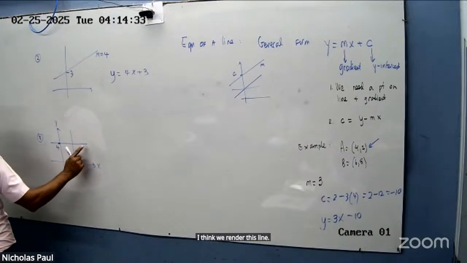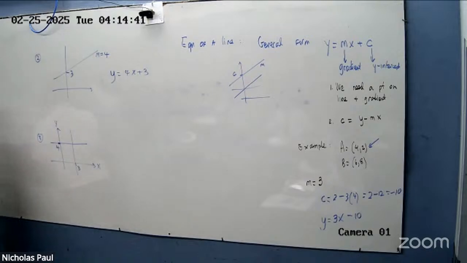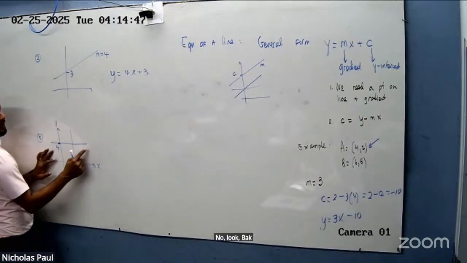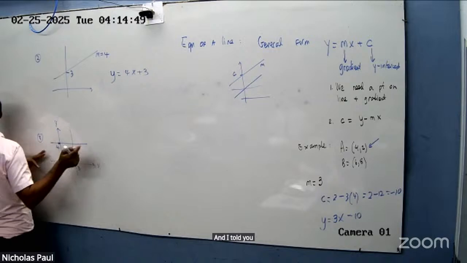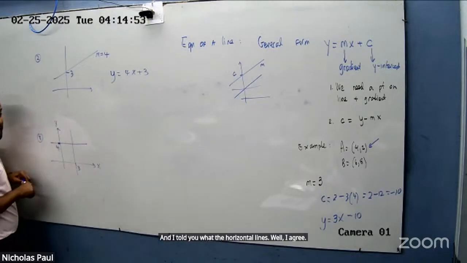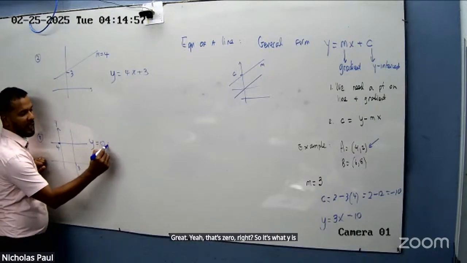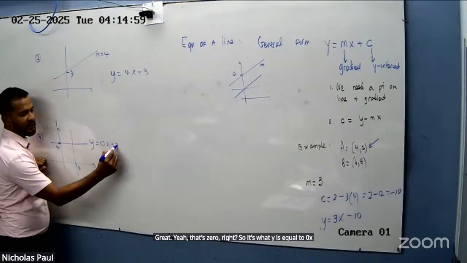You sure? What's it again? Look back at your gradient notes, and I told you what the gradient of a horizontal line is. Gradient is 0, right? So it's y is equal to 0x plus 3.